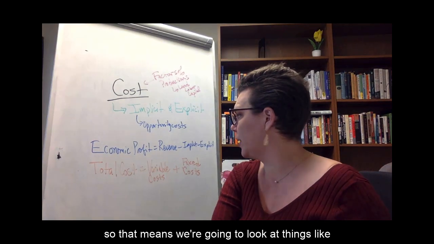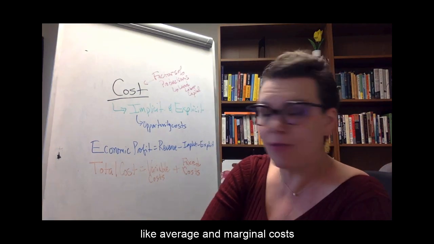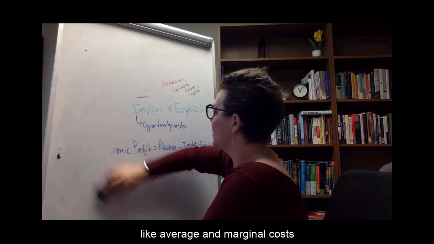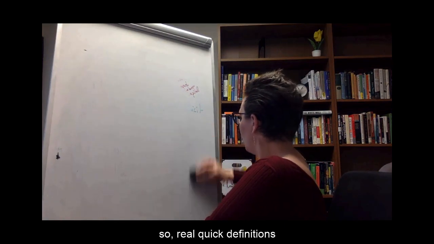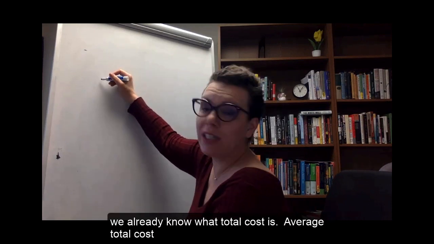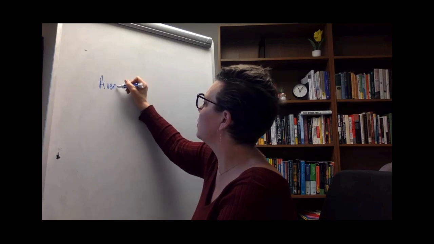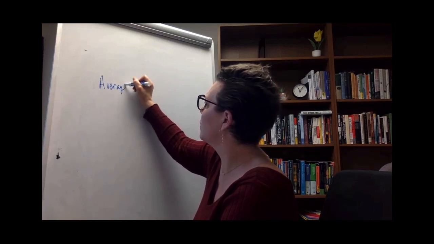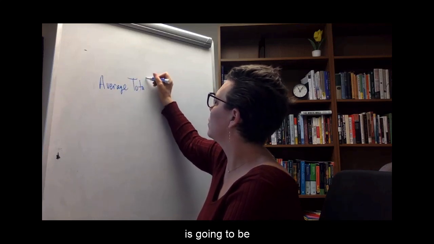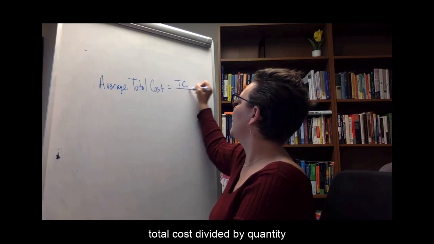And so that means we're going to look at things like average and marginal costs. So, real quick definition. We already know what total cost is. Average total cost is going to be total cost divided by quantity.